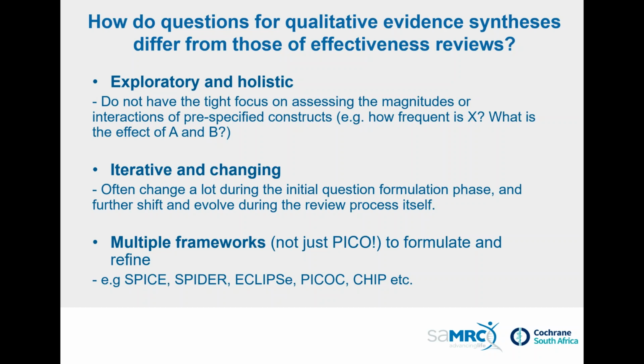So the exploratory nature of qualitative evidence synthesis questions means that one can develop an initial review question that is very broad and provides a general direction for the review, but then it can be refined further and modified as the review process unfolds. So it can be a very much emerging question, such that the final question looks very, very different to the initial question that was posed.